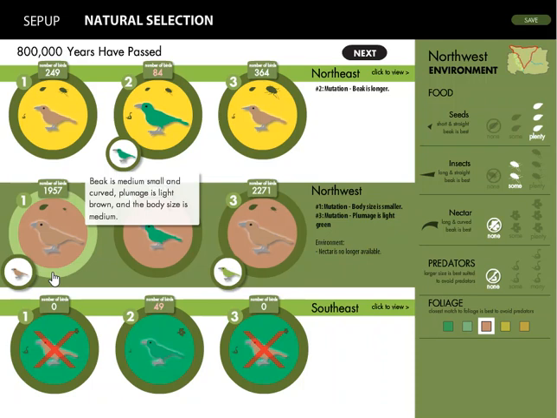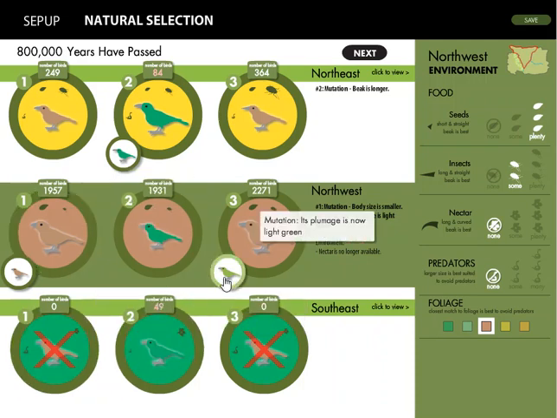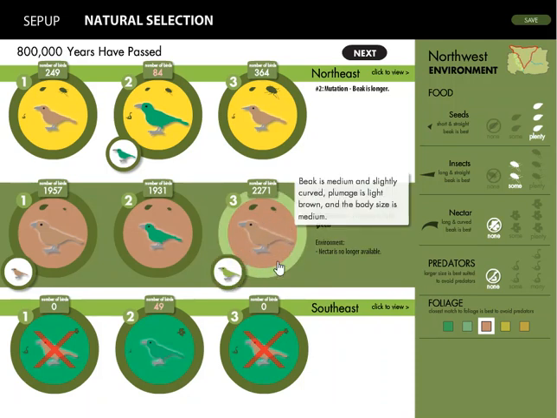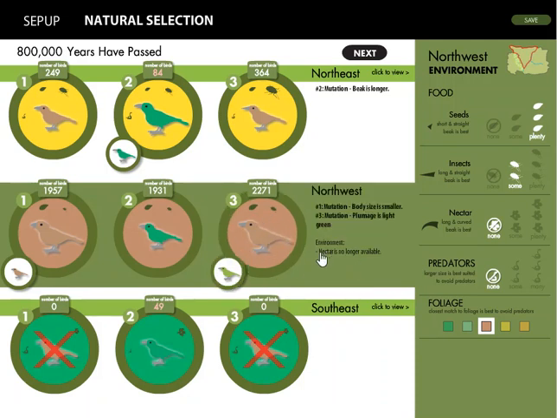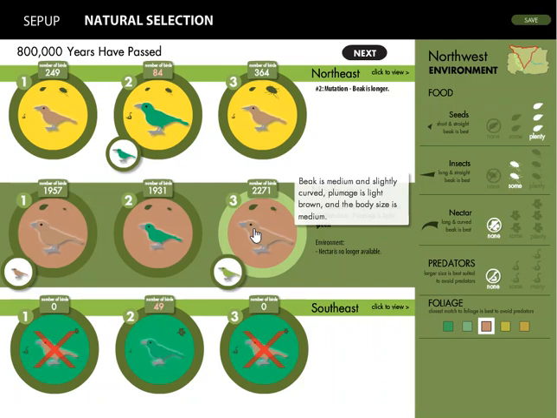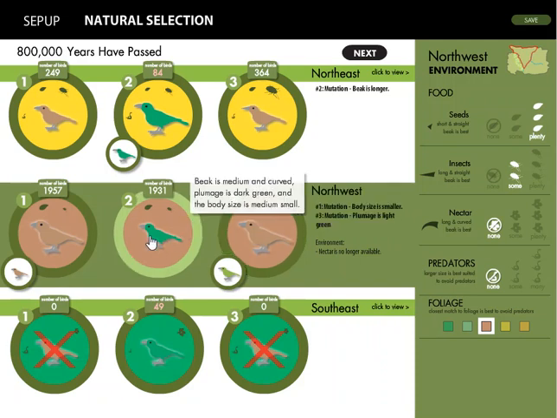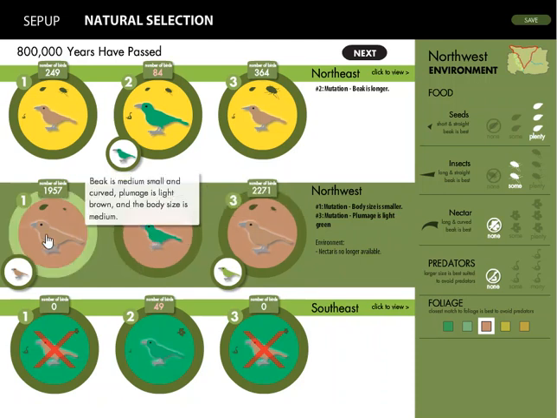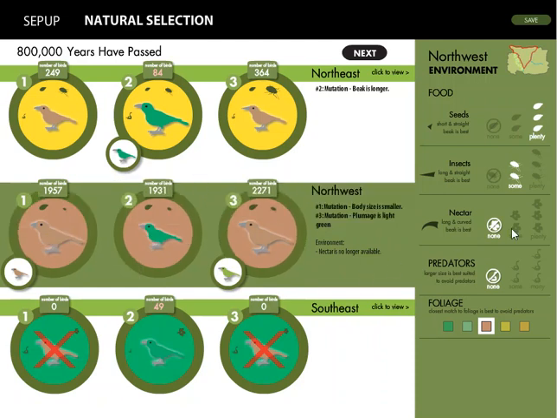The plumage is light green in the third population, but the foliage is dark brown, so maybe that will be harmful. There is also no more nectar, so they're down to these two food sources. So this one has a slightly curved beak. Since there's no more nectar sources, we're curious to see how that affects them overall.